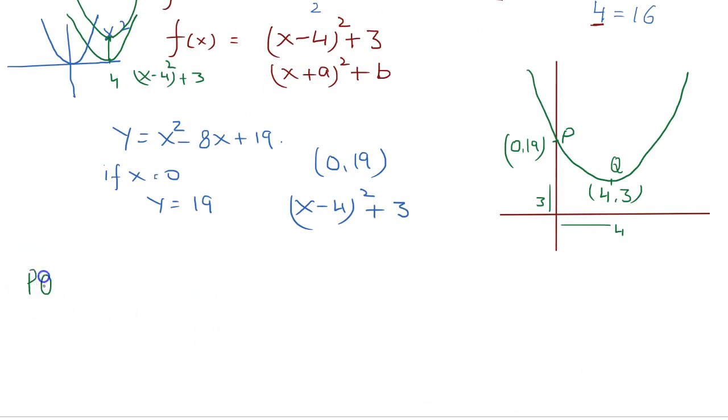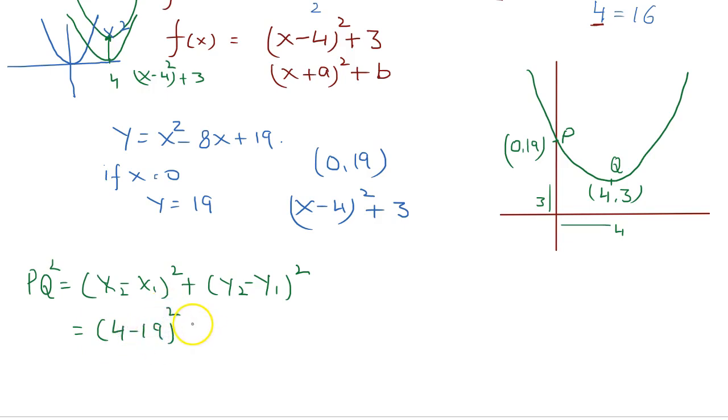So PQ square will be, we know that it is (x2 minus x1) square plus (y2 minus y1) square. So that is equal to x2, say this one, 4 minus, no, that is y2.